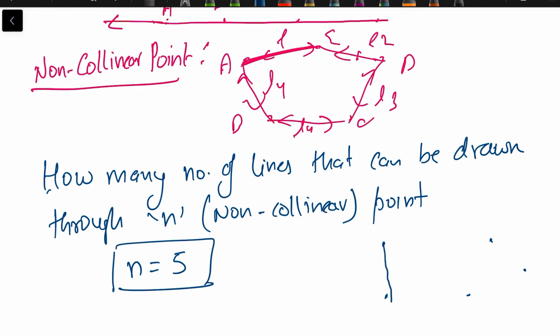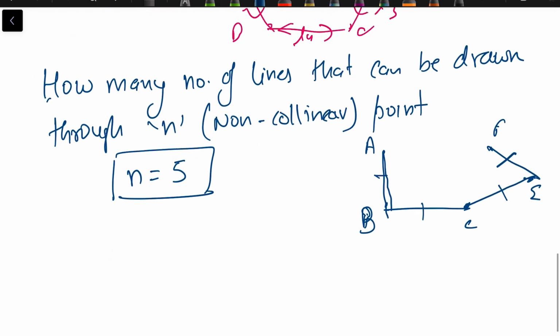We can line A and B, another C and D, this BC, another E, then F. So this is 1, 2, 3, 4. 4 lines we can draw, but we cannot find it like this. How can we find it? Let's have a formula.